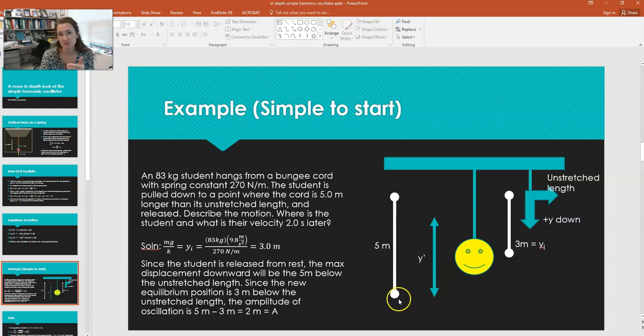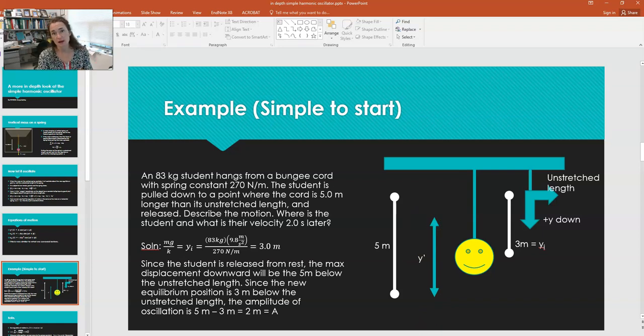Now from our discussion previously, we understand that our student, which is represented here by this creepy looking hanged face because I'm a terrible artist, so our student in the smiley here, is going to bob up and down about their new equilibrium position, which is displaced from the unstretched length because of the stretch of the spring due to gravity, right, of the mass pulling the mass. So I'm going to call my wiggle coordinate y prime, and I'm going to draw it here, okay?